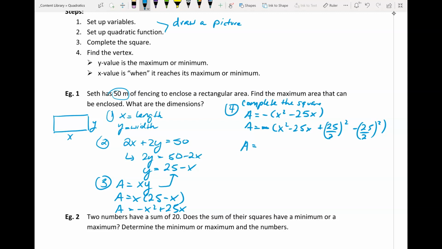Now I want to simplify this a bit. I can pull this out, and if I do that, I have to reverse the fact that I factored it. So we're going to multiply this negative and this negative here, and it becomes a positive once it's outside the bracket.